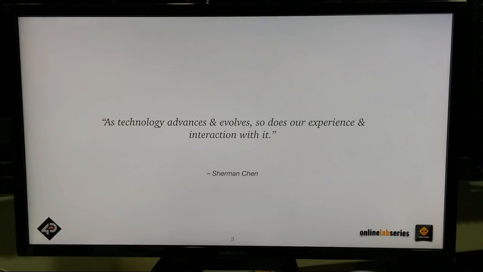Okay, so a couple of years ago, during a UX workshop, I shared this quote, which I still use nowadays when I'm speaking to people about the importance of CX and UX. It says, as technology advances and evolves, so does our experience and interaction with it. Right?